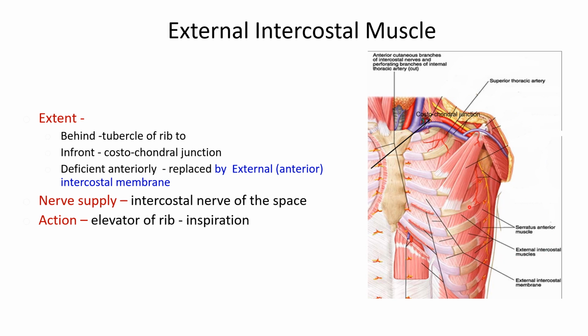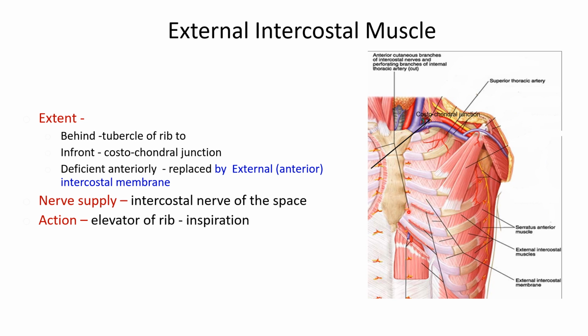These external intercostal muscles are directed downwards, forwards and medially, and the extent of these muscles is posteriorly the tubercle of the rib and anteriorly the costochondral junction, where it becomes the external intercostal membrane or anterior intercostal membrane between the costal cartilages.